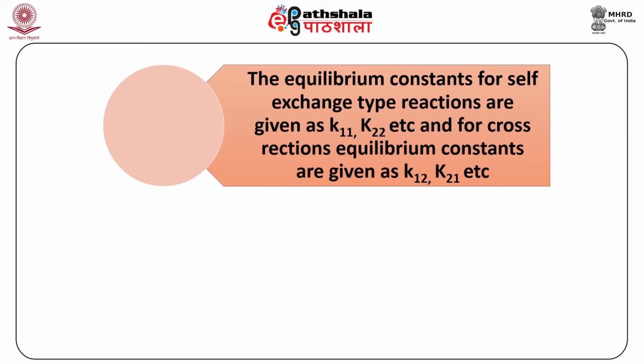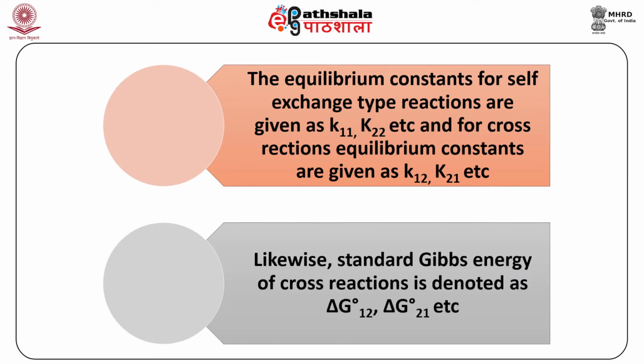These are for the self-exchange reactions, which clearly indicates that the metal ions and the ligands are the same, except that isotope labeling can be done at one of the metal centers, so that we can discriminate what kind of electron transfer reaction is going on. While when you talk about the cross reaction, the metal or ligand both could be different, or the metal could be different, or the ligand could be different.